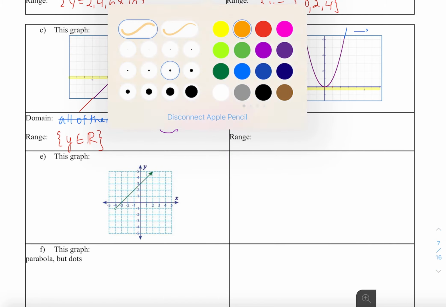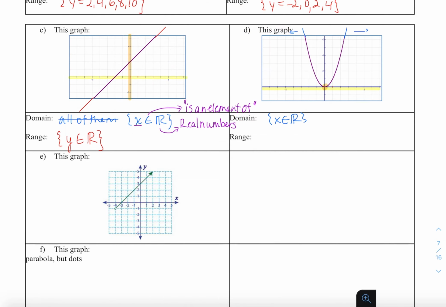The y values, however, have a minimum. I can see that they start at 0 as the minimum and they head up to infinity. So in this case, I want to have a minimum value for y, and this is how I denote it.